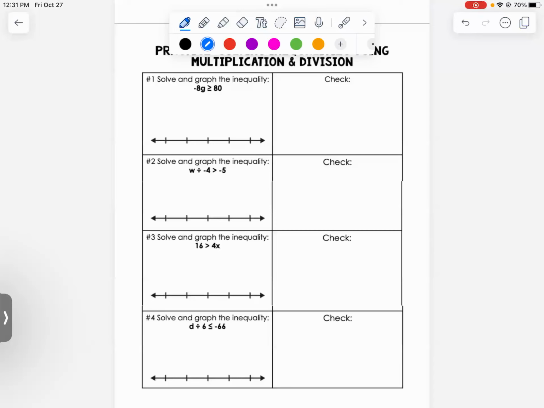Anytime we multiply or divide by a negative, the inequality flips. Are you dividing or multiplying by negative numbers?